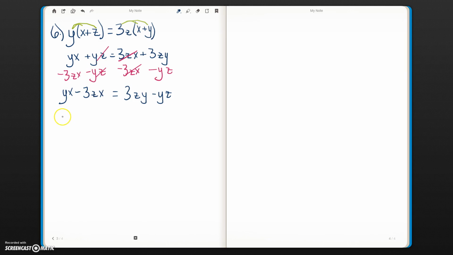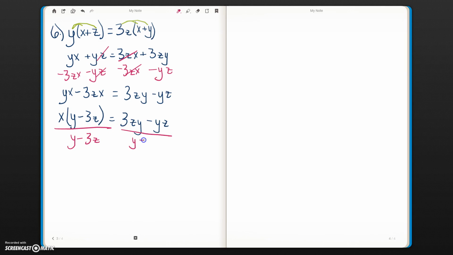Now I've got my x terms on one side, so I factor out my x, and I'm left with x times (y minus 3z) equals 3zy minus yz. And then very similar to the last couple problems, I divide by my factor of y minus 3z.